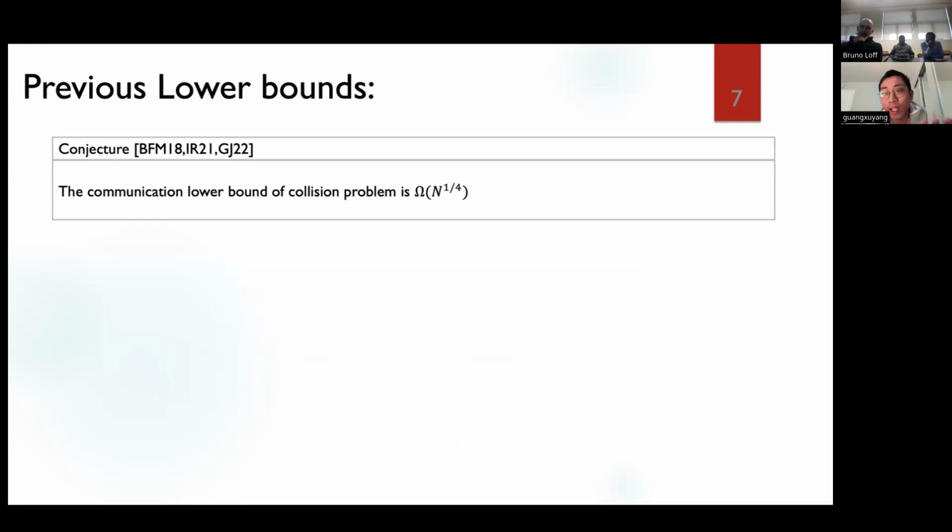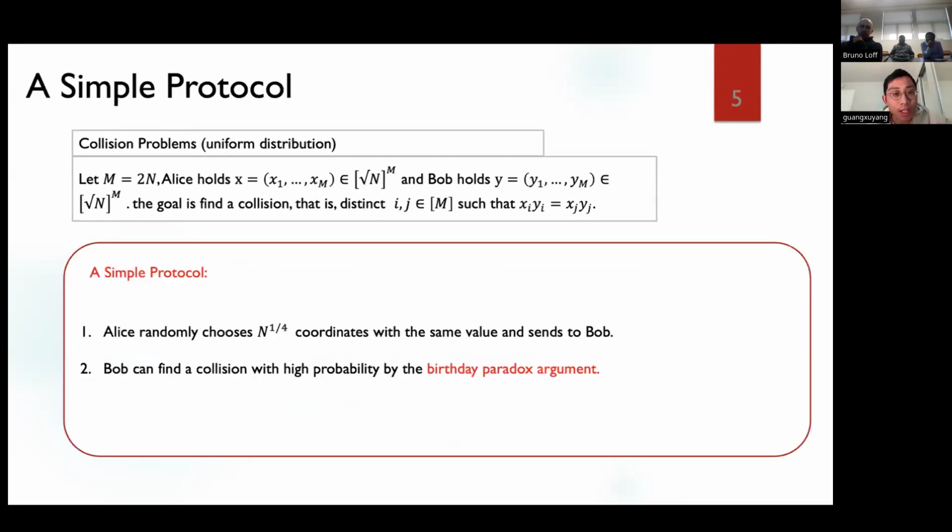You can extend the protocol to any range, such as m equal to 1 times omega 1 plus omega 1 times n. I just give a simple protocol here, since if you consider the uniform distribution it is simple to analyze.